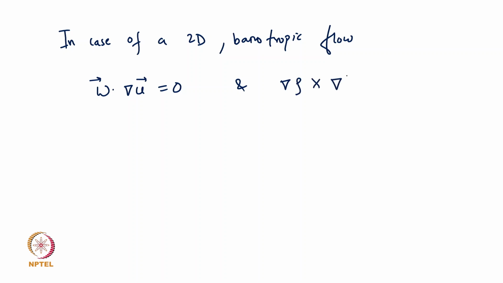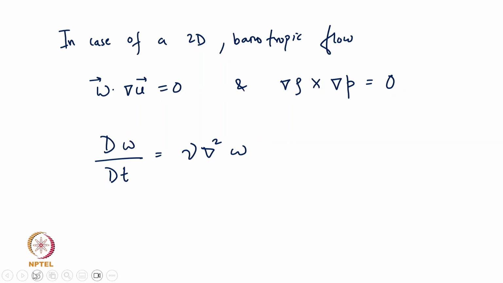And for barotropicity, the cross product of gradient of rho and gradient of p is equal to 0. Of course, these are scalar quantities, so only the gradient operator can act on them. It makes no sense to operate the del operator, which is a vector operator, and hence the vorticity equation boils down to the material derivative of omega equal to nu del square omega. Okay, now there is only one component, so we can write it as a scalar equation.